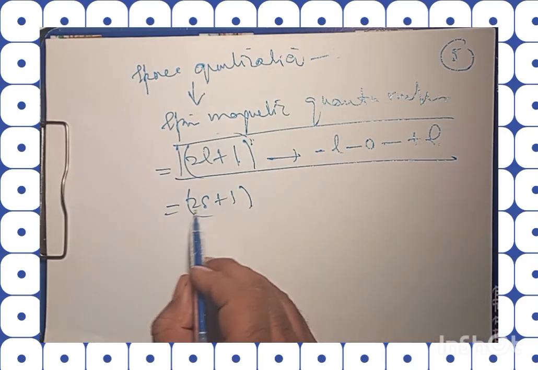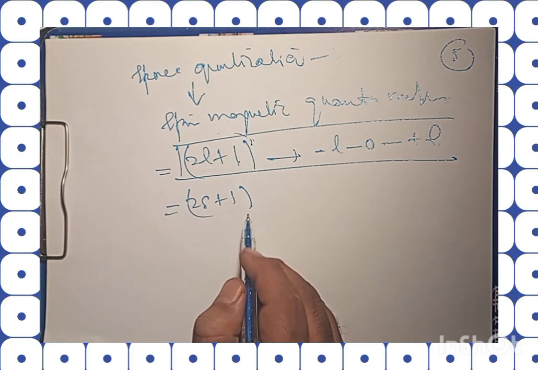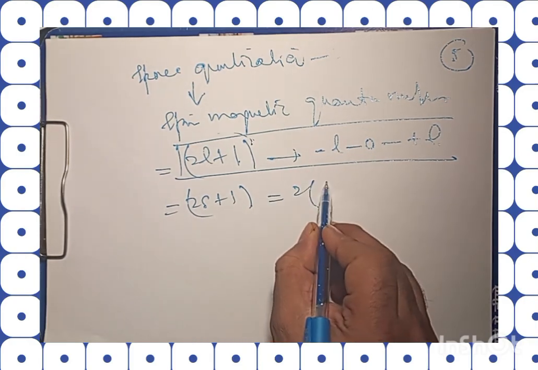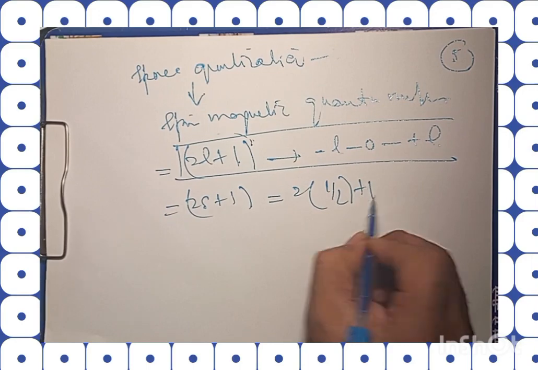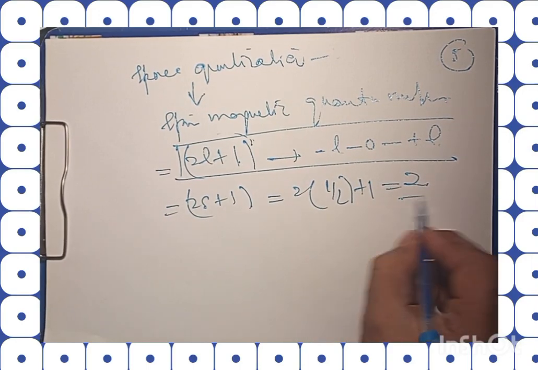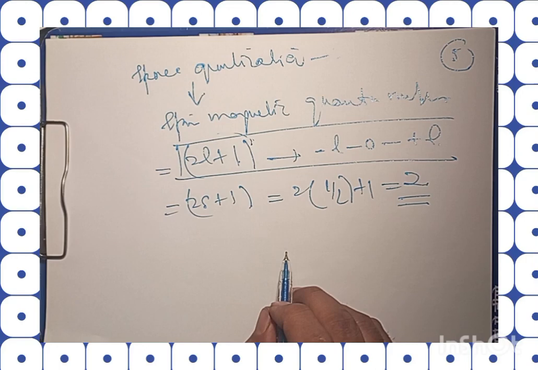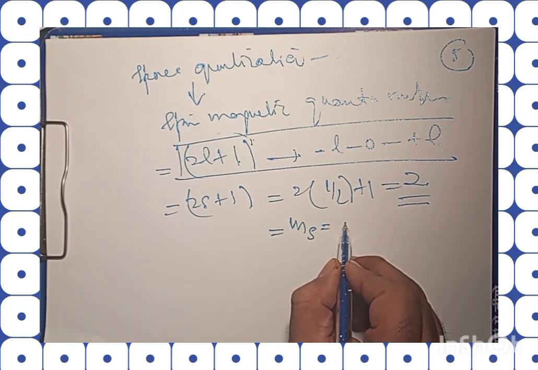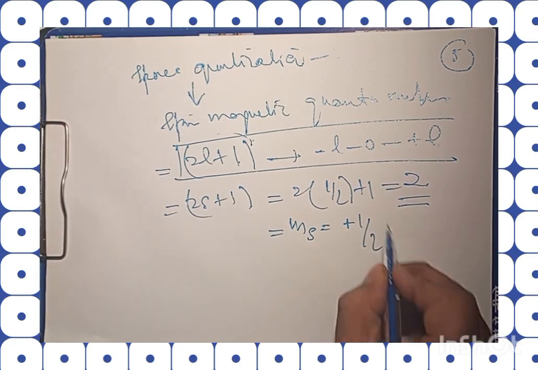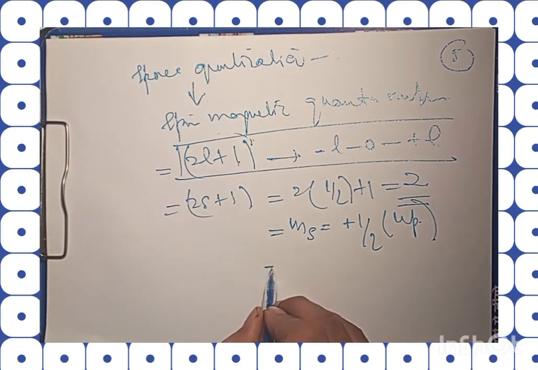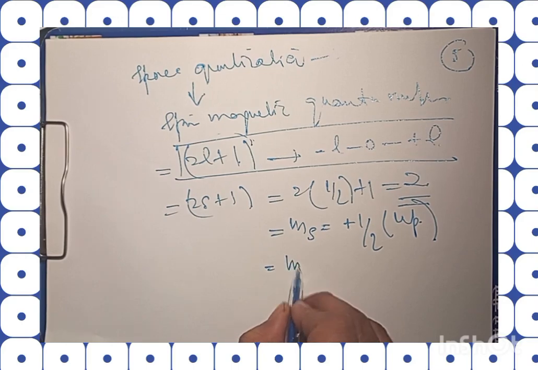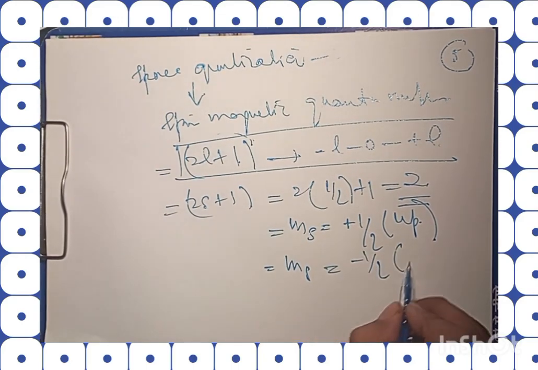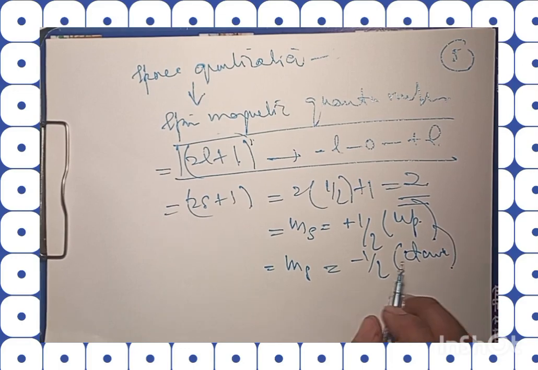In case of spin, 2s plus 1 is simply 2 times 1 by 2 plus 1, that's equal to 2. So we have two orientations for the spin of an electron: one is ms equals plus half, which is proposed as up, and the other is minus half, proposed as down.